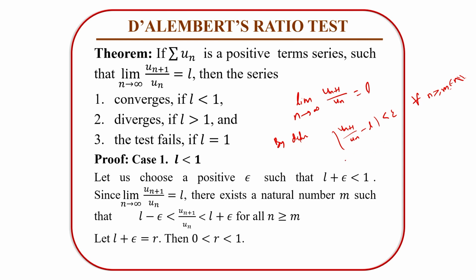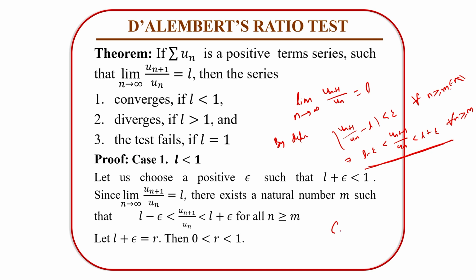That means we have L minus epsilon less than un plus 1 divided by un less than L plus epsilon, right? And this is true for every n greater than or equal to m. Remember this, because this gives you a criterion where you can directly use the previous approach to prove the theorem.